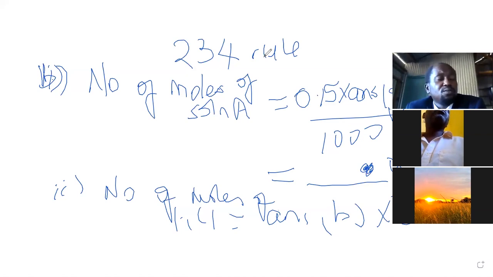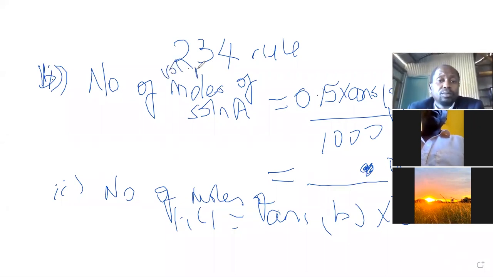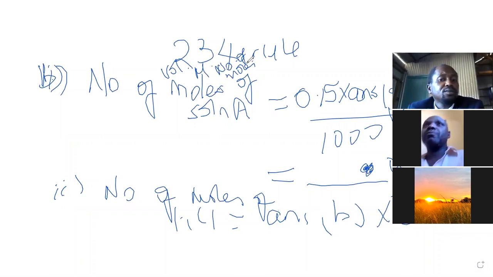The 3 stands for 3 decimal places. All molarity or concentration in moles per liter must be rounded to minimum 3 decimal places. 4 decimal places.